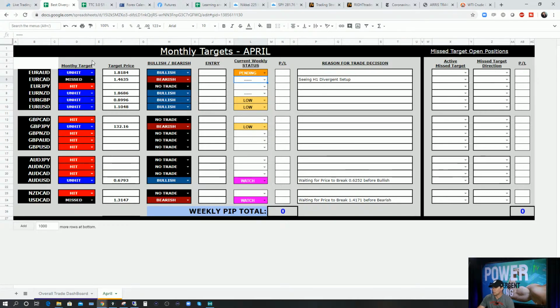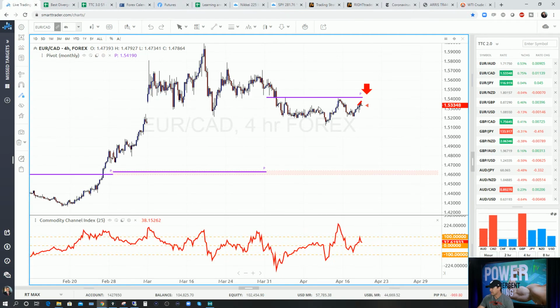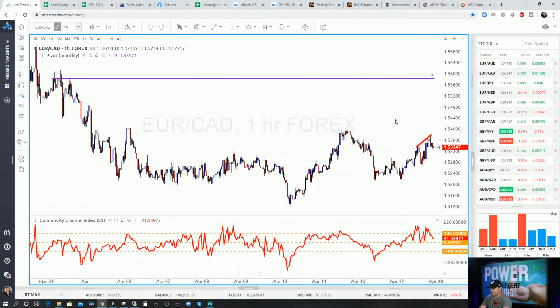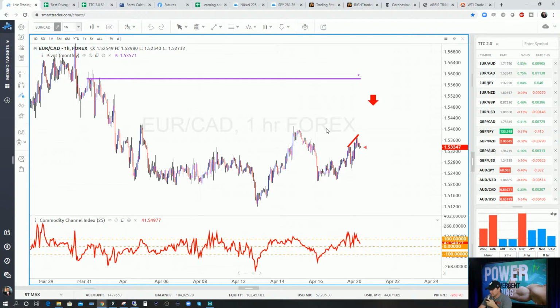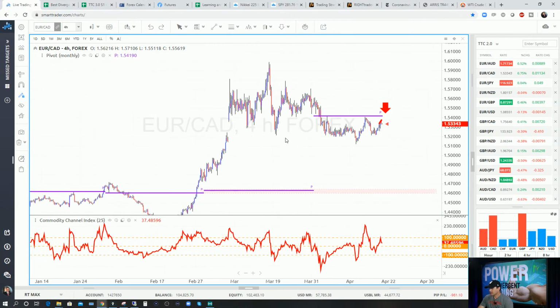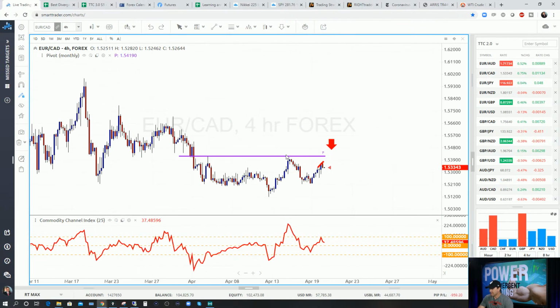Let's see, I'm seeing divergence on the 1 hour time frame. I'm definitely not seeing it on the 4 hour. Let's go to the 1 hour. And this divergence on the 1 hour isn't as powerful as the 4 hour. So let's go ahead and mark off the high.